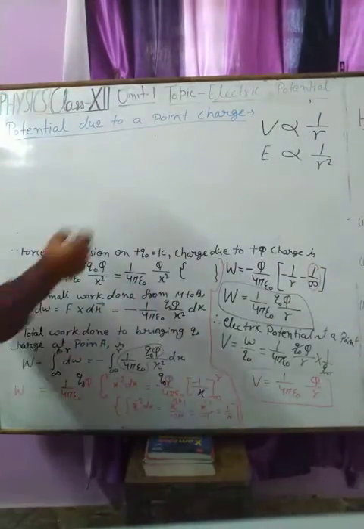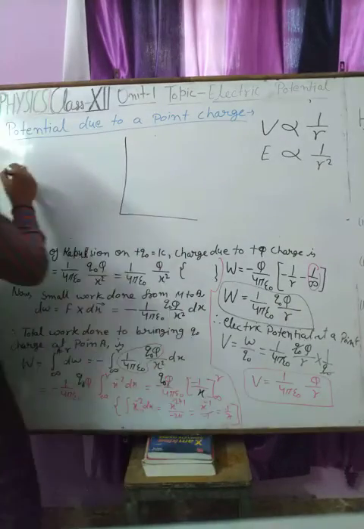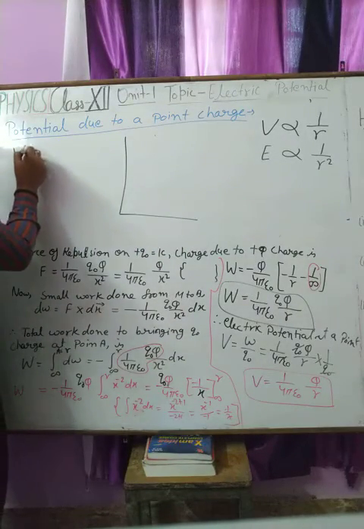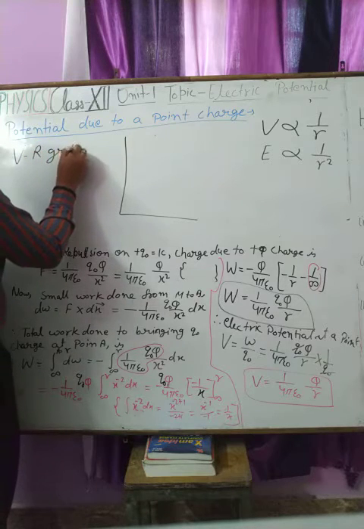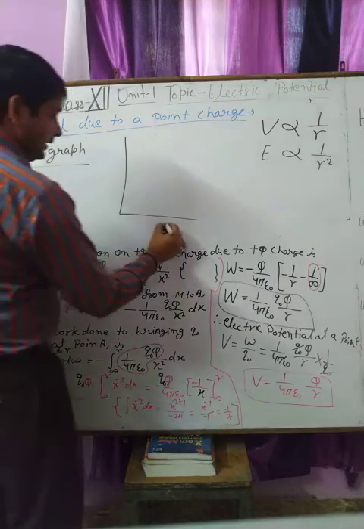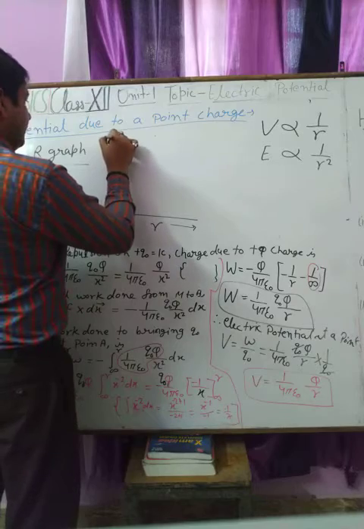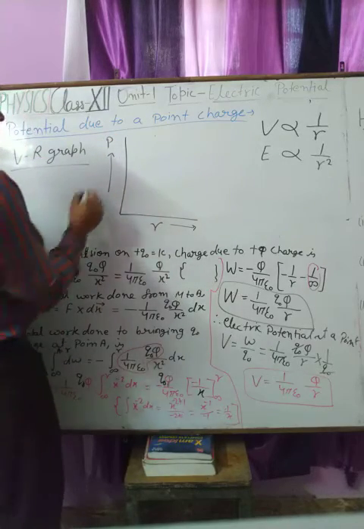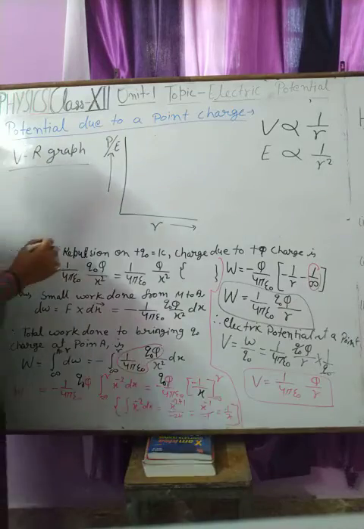Now the graph which we call the VR graph, potential distance graph. This is distance and this is potential, and we relate this graph with the electric field also.